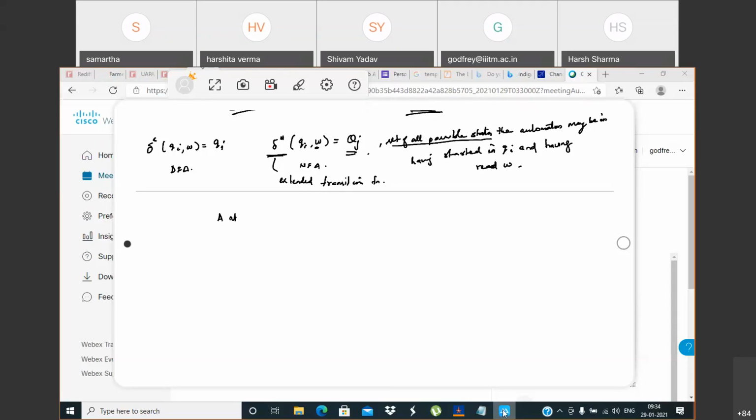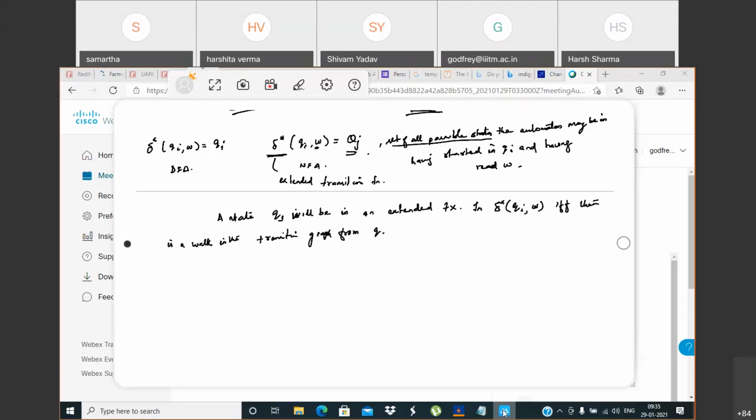So a state Qj will be in the extended transition function delta star Qi comma w if and only if there is a walk in the transition graph from Qi to Qj labeled w.